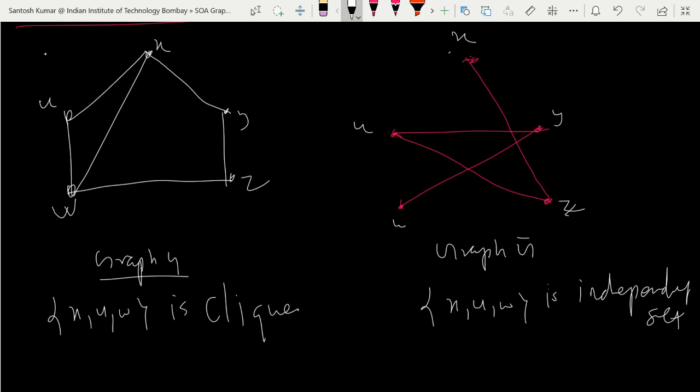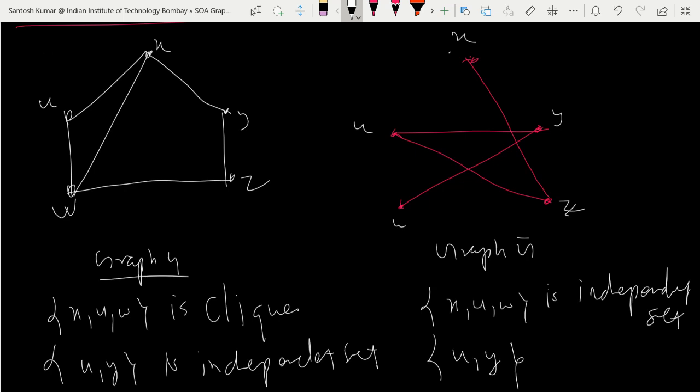Again, can you write an independent set in G? Like UY, you write. This is an independent set in G. So UY in case of G complement will be what?